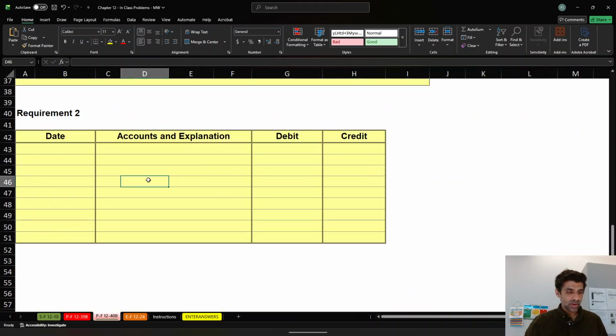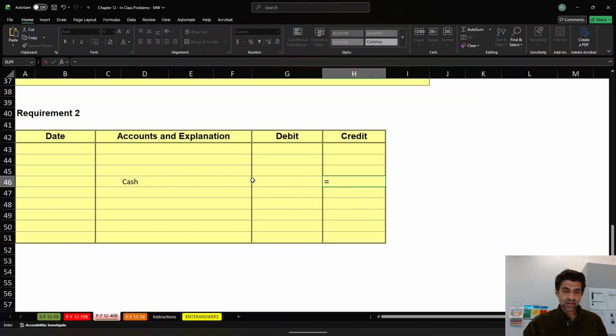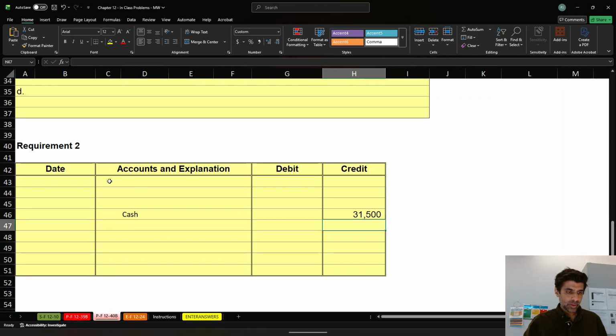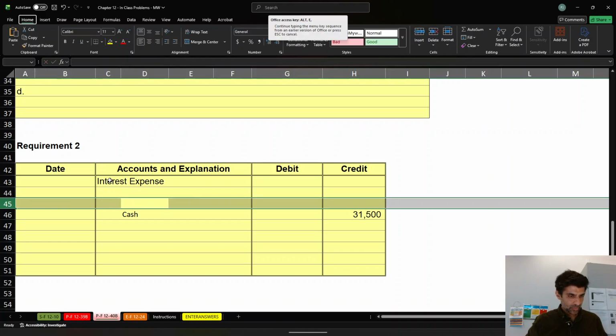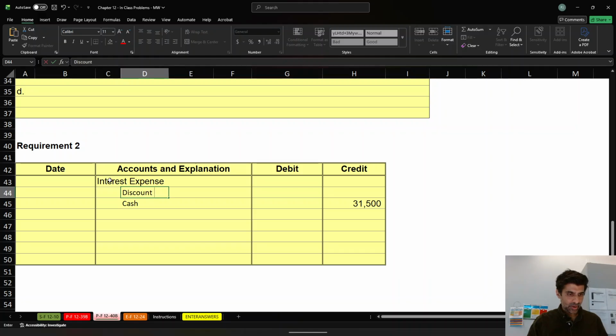So at least let's fill in the easy part, which is cash, credit, 31,500. We're going to have interest expense. We don't know exactly what it is yet. And we're going to have discount on bonds payable. And we actually know this amount too.